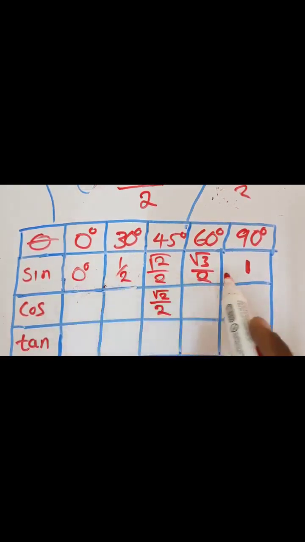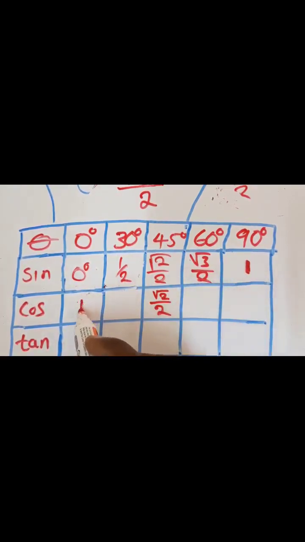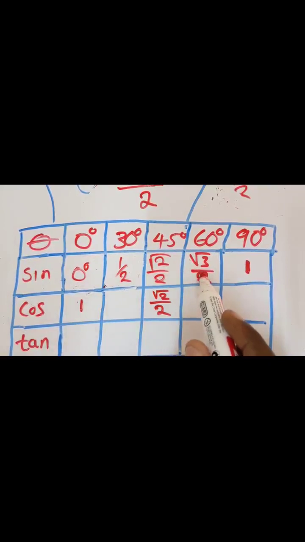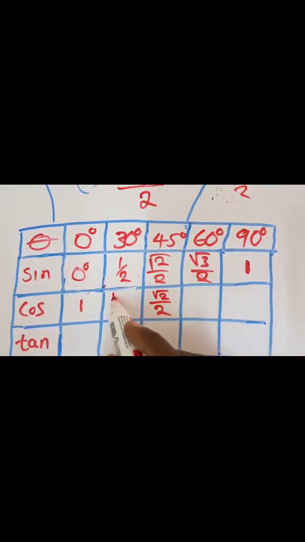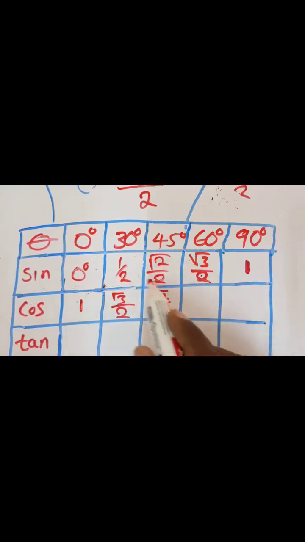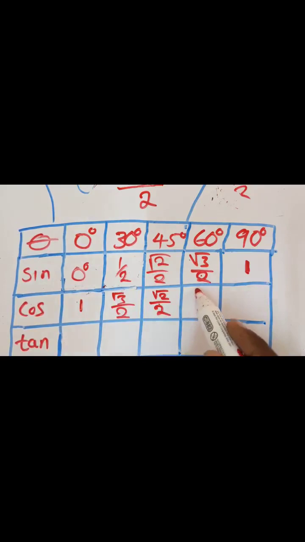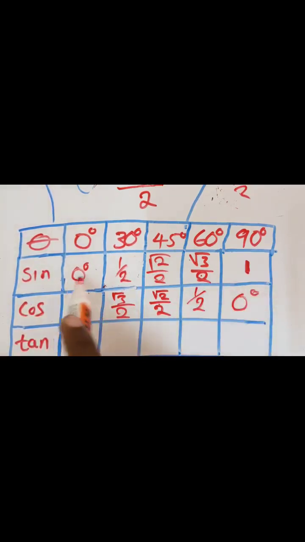This one will be here, root of 3 over 2. Then this one will be right there. This one will be 1 over 2. This one will be 0 degrees. If you look at this, it is just the reverse of that.